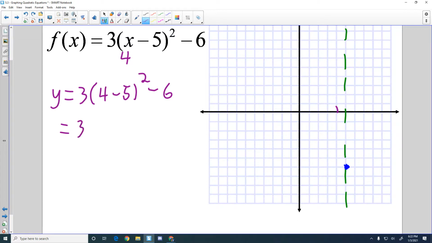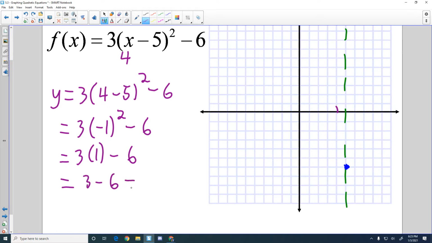All right, so that's 3 times -1 squared minus 6. So that's just 3 times +1 minus 6. And 3 minus 6 equals -3. Okay, so that's another point on our graph. When x was 4, the y value was -3.